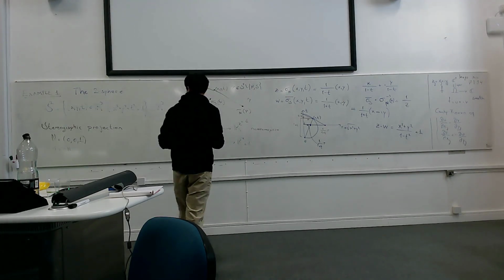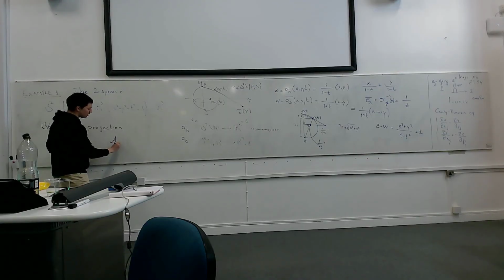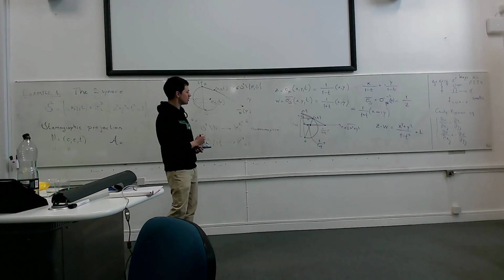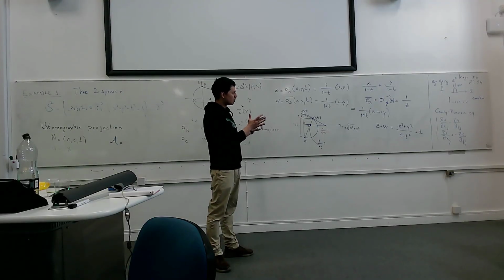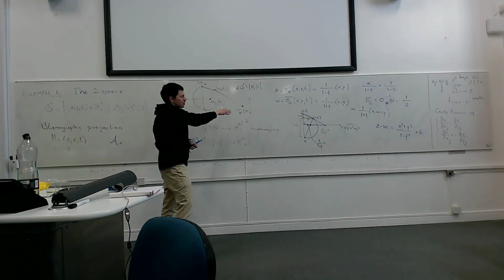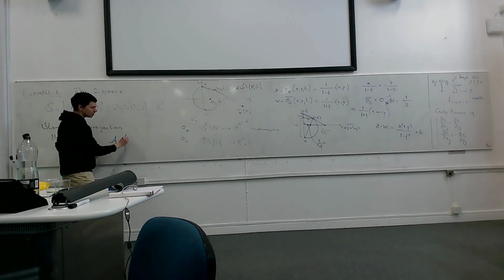Okay, so the conclusion is that the function 1 over Z is a holomorphic function in the punctured plane, which is the domain of definition of the transition function. And this atlas is a holomorphic atlas.